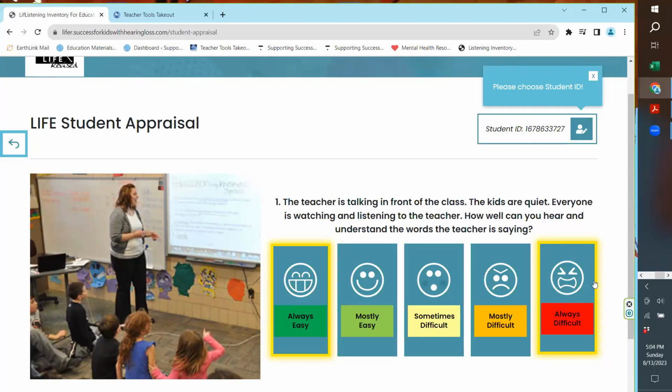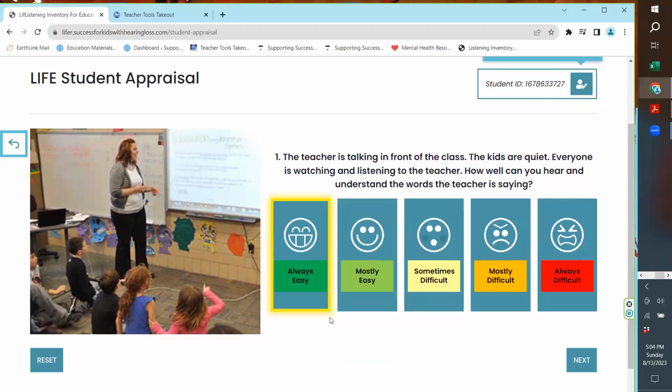If you're trying to do this with a kindergartner or first grader, we cannot assume that the responses are going to be valid. If you use a forced choice of like only 3 items, you can start to get at some of this information, but I would only do it very informally, and I wouldn't show it in this format at all. So the student is going to go through and answer these questions.